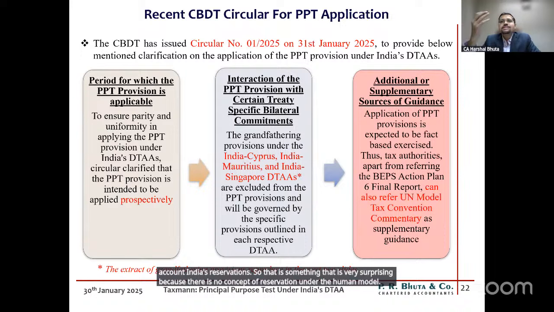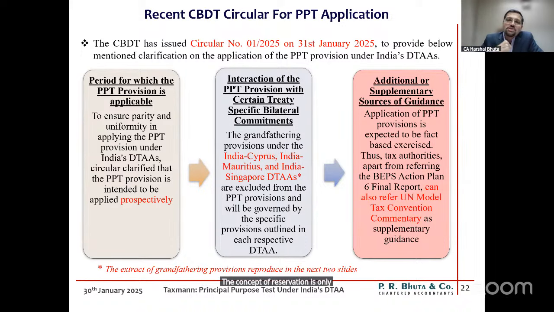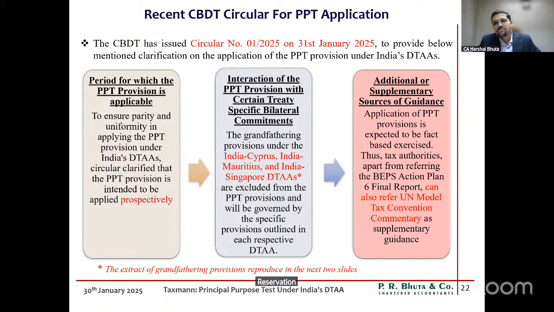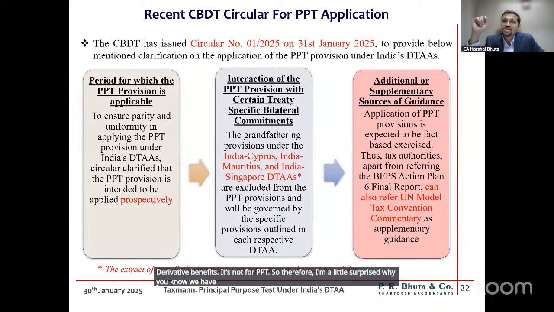The concept of reservation is only under the OECD model. Okay. And if the CBDT asks me to look at the UN model, where is the question of applying reservations after all? And in any case, for PPT in the OECD model also, there is no reservation of India. Reservation of India for LOBs for Article 29(4), which is something else, derivative benefits. It's not for PPT. So therefore, I'm a little surprised why they have mentioned taking into account India's reservations also.